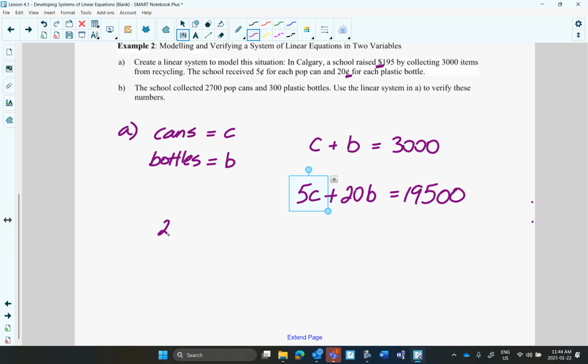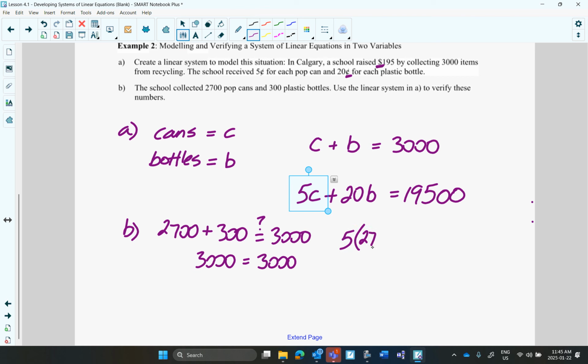So that's 2,700 plus 300 equal 3,000? Absolutely. That's 5 times 2,700 plus 20 times 300 equal 19,500. Well, that I'm not so sure about.